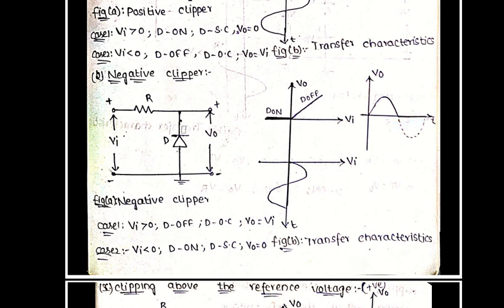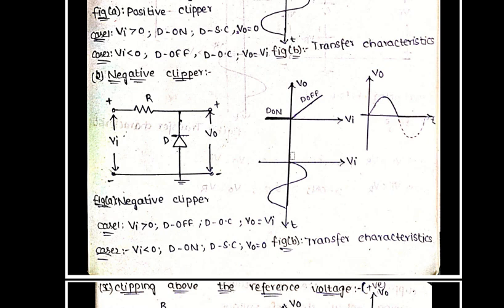Hence, it is named as negative clipper. And if you observe this, during the positive portion, the input is equal to the output. The output and input are similar in the positive section, but the output is 0 for the negative section.